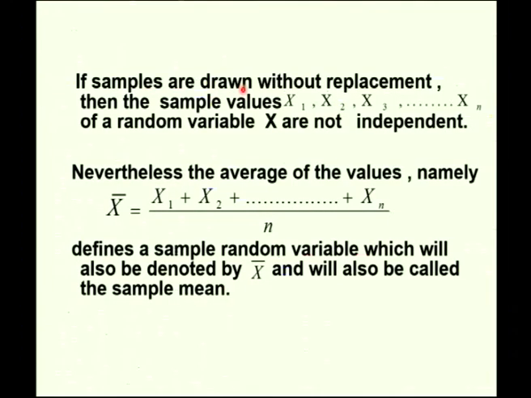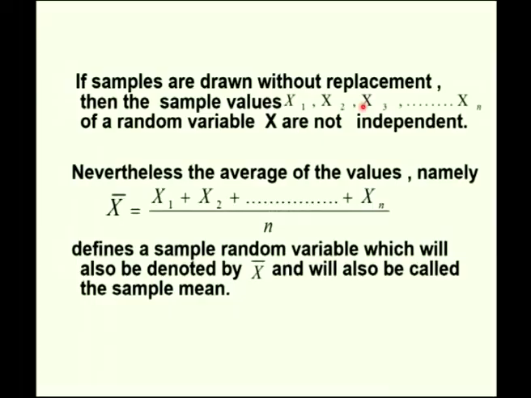If samples are drawn without replacement, then the sample values x1, x2, x3 etc. up to xn of a random variable x are not independent, because for drawing x2, x1 is not replaced. So, the sample space number will be reducing. Therefore, x2 is dependent on x1, similarly x3 is dependent on x2, like that it is dependent on the previous values.